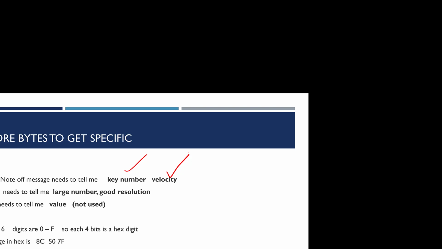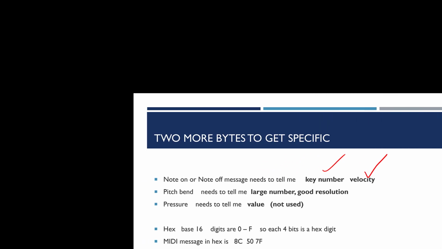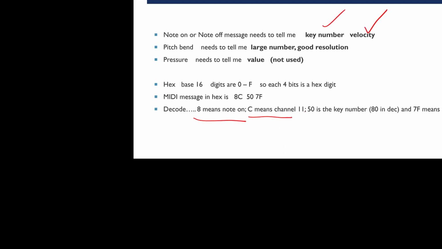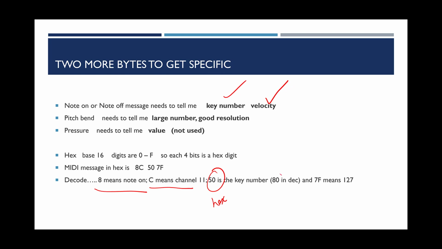Okay, so 8 in our secret message means turn a note on. C means do it on channel 11. This is in hex, remember, so if you look it up, it means 80 in decimal, and that tells you which note. And 7F is loud, loud, loud, as loud as you can make it.